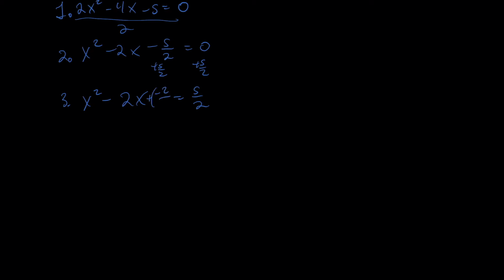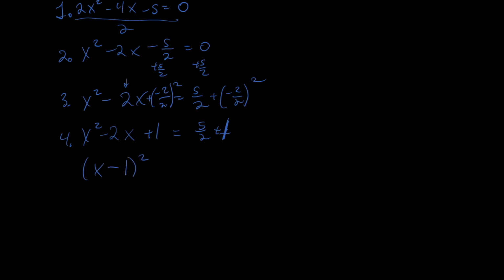I then add my middle term, b, divided by 2 squared, to both sides. So I get x squared minus 2x plus 1 equals 5 halves plus 1. This is going to factor to x minus 1 squared equals 5 halves plus 1. Well, 1 would be 2 halves, so I've got 7 halves.